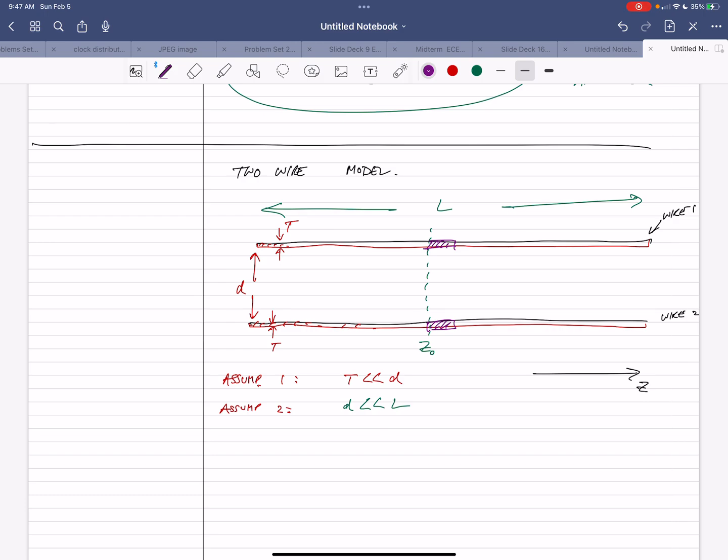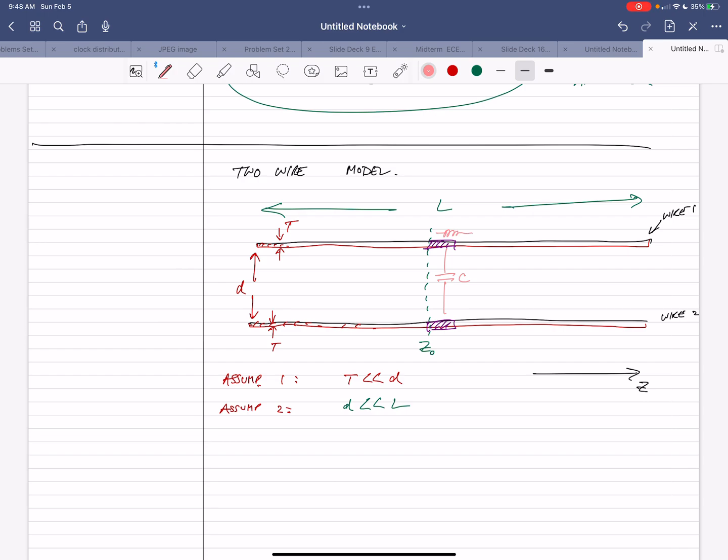This little strip has a capacitance associated with it, because any two conductors in space will have a capacitance between them. So just this incremental piece has a capacitance associated with it. Also, any wire going in space will have its own inductance.